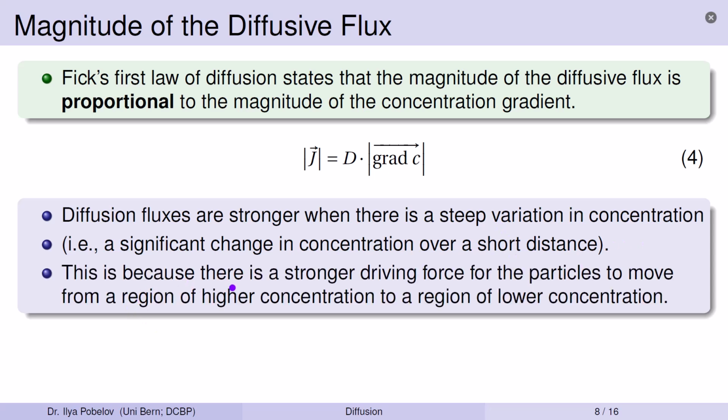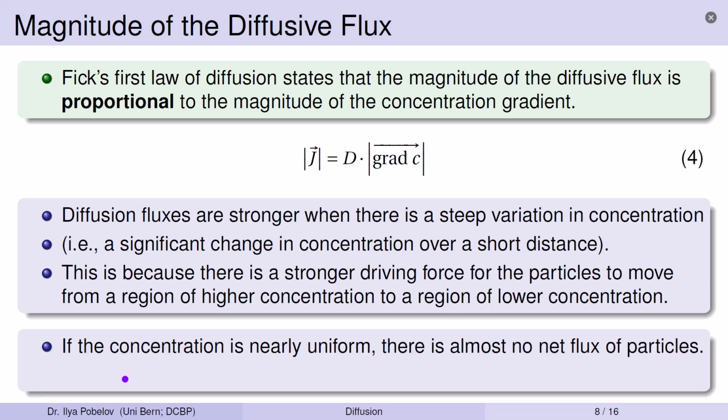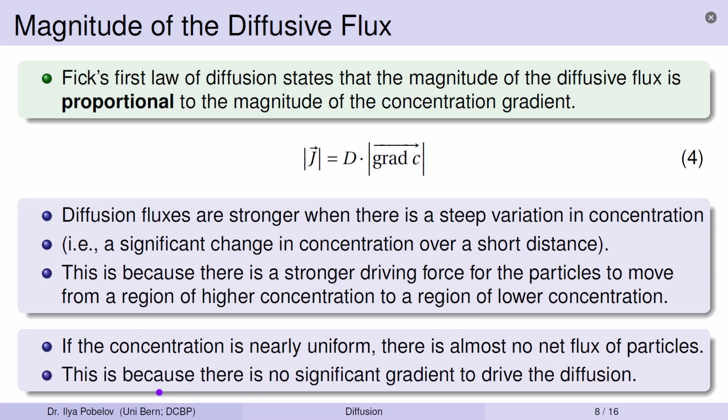This is because there is a stronger driving force for the particles to move from a region of higher concentration to a region of lower concentration. Conversely, if the concentration is nearly uniform across the medium, there is almost no net flux of particles. This is because there is no significant gradient to drive the diffusion.